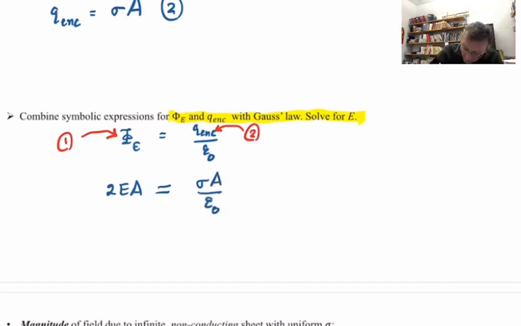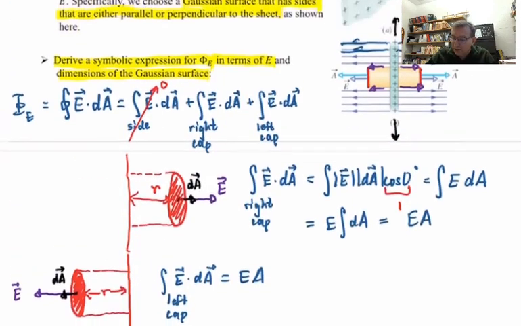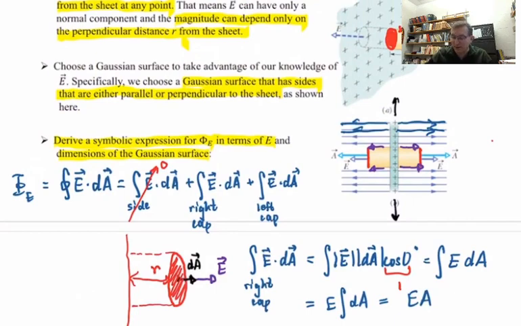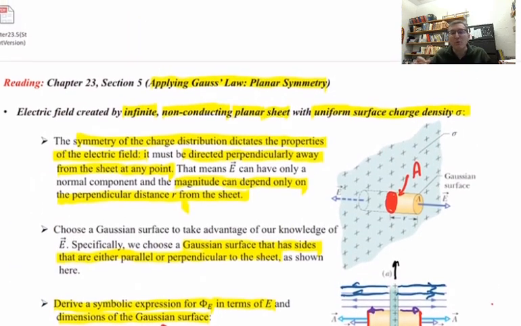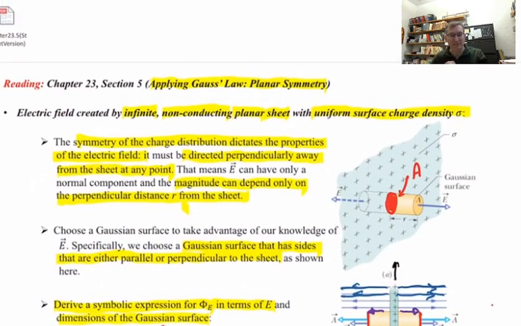And one very important thing happens at this step. Divide out A. Remember, A was that cross-sectional area of the Gaussian cylinder that we chose, way up there. Now, we chose that Gaussian cylinder. Okay?